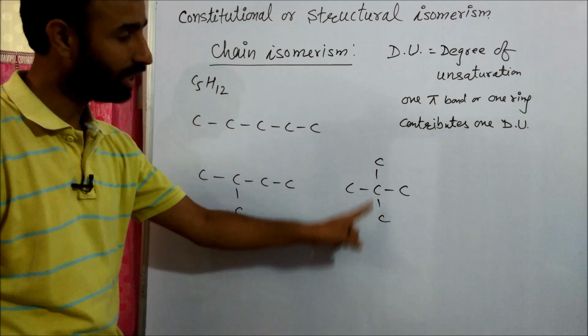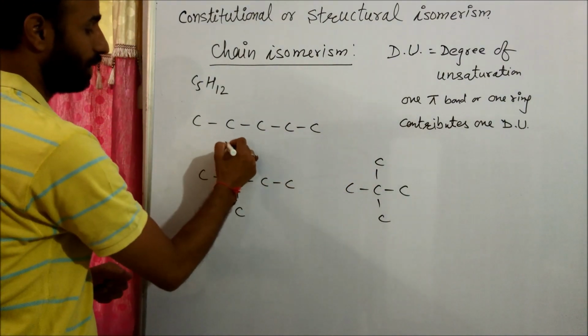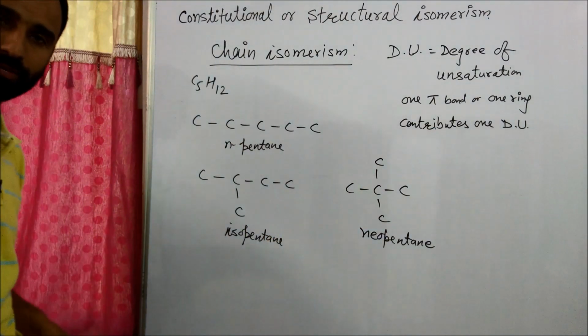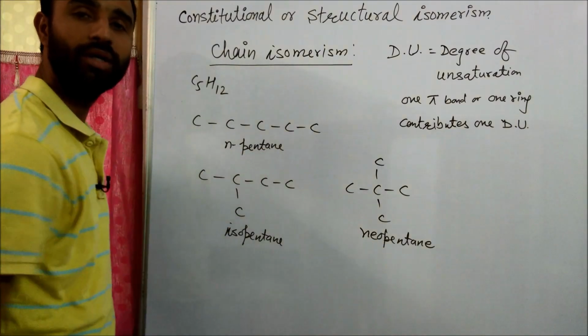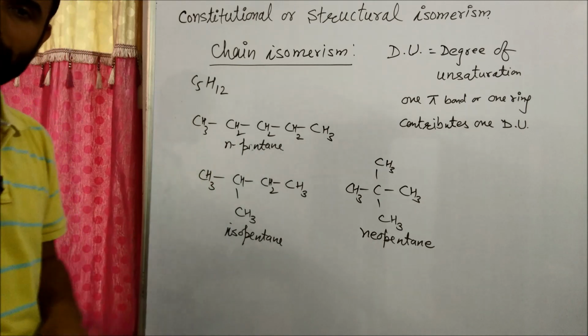If there are 2 methyl as substituents, that is called neo. So it is normal pentane, isopentane, and neopentane.